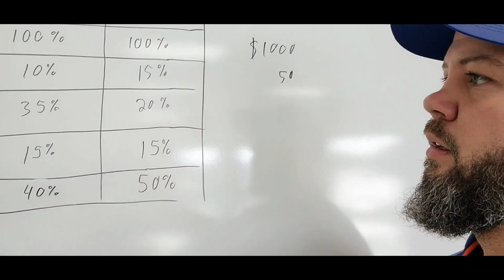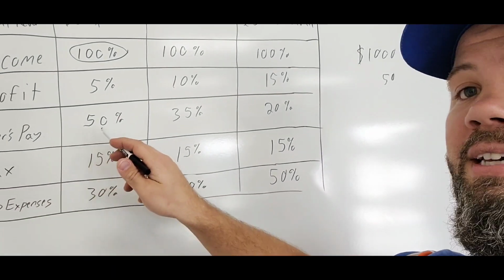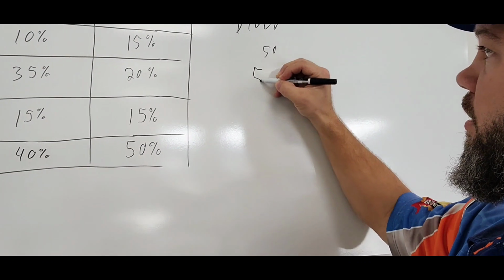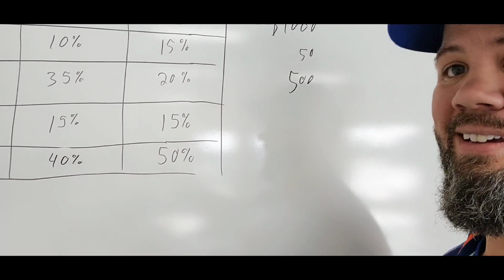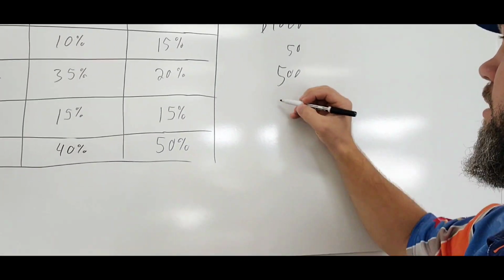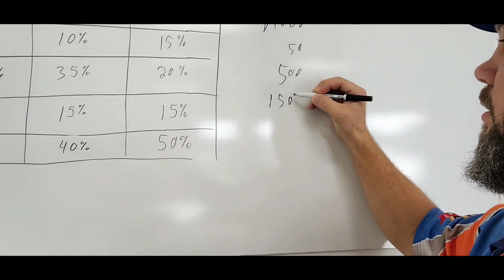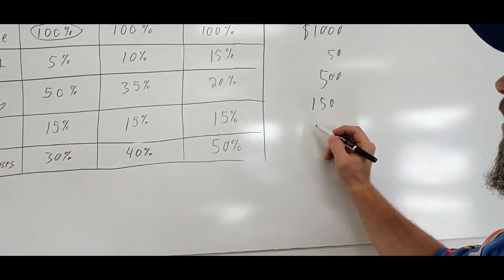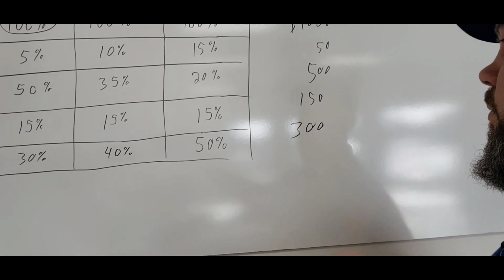Owner's pay is 50%. So you just paid yourself $500 out of that 1,000. Taxes is going to be 15%, so that's $150. And then your operating expenses is going to be 30%, so that's $300.